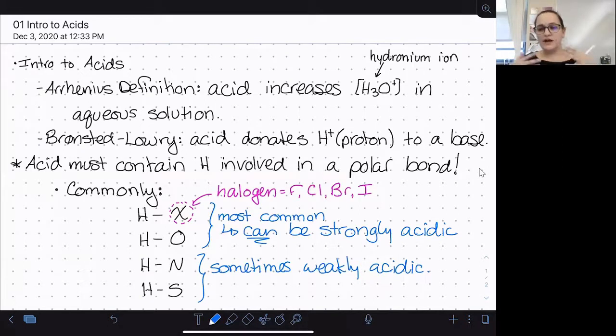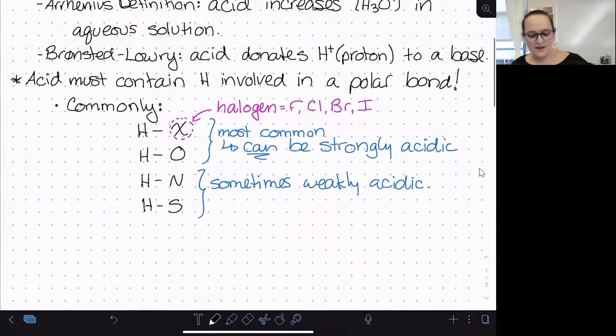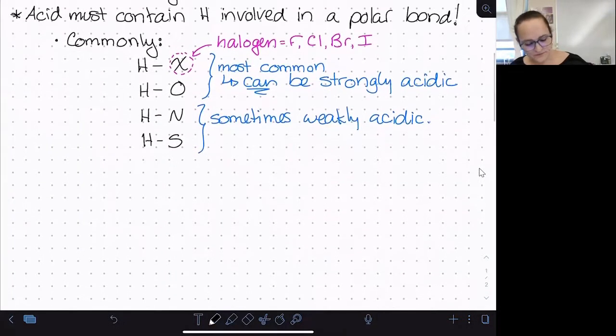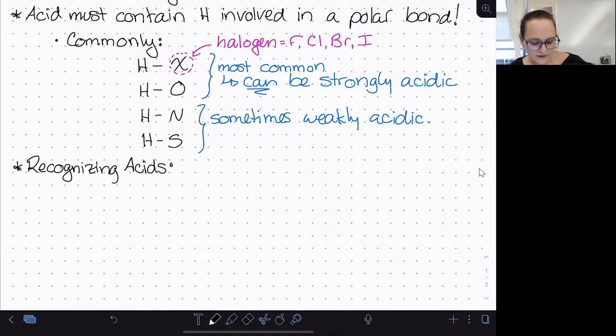So when we're looking at a formula, we want to start to be able to recognize: is this an acid, is this a base, to understand how something is going to react. With acids, there is commonly a nice clue in the way the formula is written. For recognizing acids just from their formula, most of the time any acidic hydrogen atoms are written first in the formula.